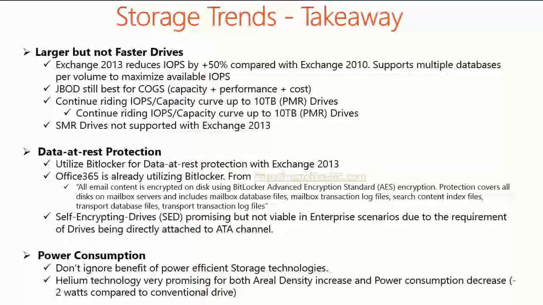So, as far as closing out the trends piece, what are some takeaways? Let me start by saying, why does Exchange care about larger drives? If you've heard in other talks, and you'll continue to hear in the future, we care about COGS and IOPS reduction. You might have seen slides that show like 90% IOPS reduction compared to Exchange 2003 or 2007.